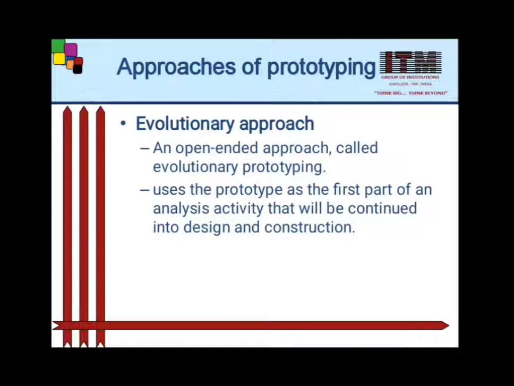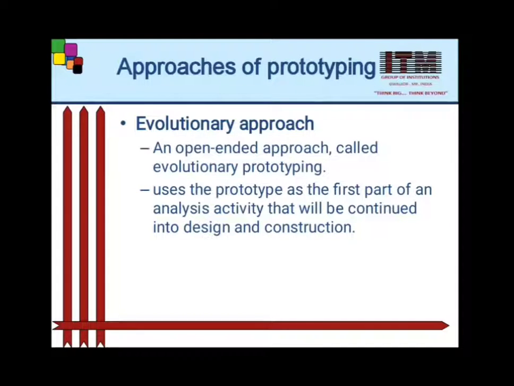Let's start with the evolutionary approach. This is the second approach of prototyping. First of all, it is an open-ended approach which is called evolutionary prototyping. Basically, the idea behind using evolutionary prototyping is that an initial prototype is presented to the user, and they provide feedback and suggestions for improvement.